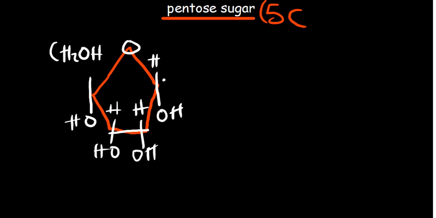What differentiates DNA and RNA is that what I've drawn is actually a pentose sugar for what? For RNA. So let me draw the other one for DNA so that we see the difference, and how we refer to them differently in terms of their structures.